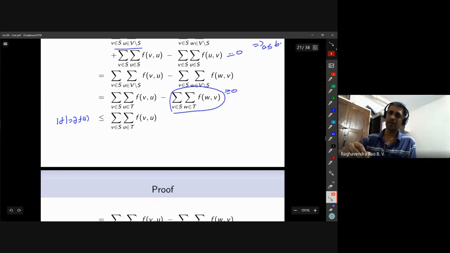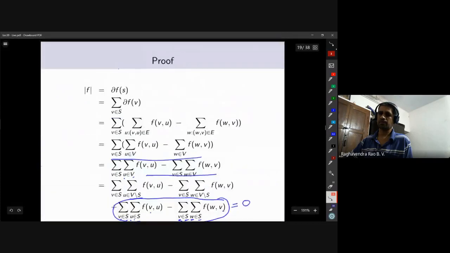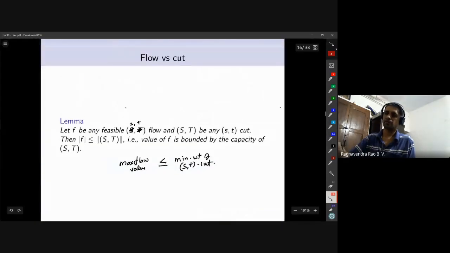So in other words, what we get is value of F is upper bounded by the sum of flow values of edges across the cut, that is, edges from S to T. Okay, but then the flow is bounded by the capacity, so hence value of flow is upper bounded by the capacity or weight of the cut. That's exactly what we wanted, right? That's exactly the statement: value of F is bounded by the capacity of the S-T cut. This in turn proves that max flow value is at most the minimum weight of an S-T cut.